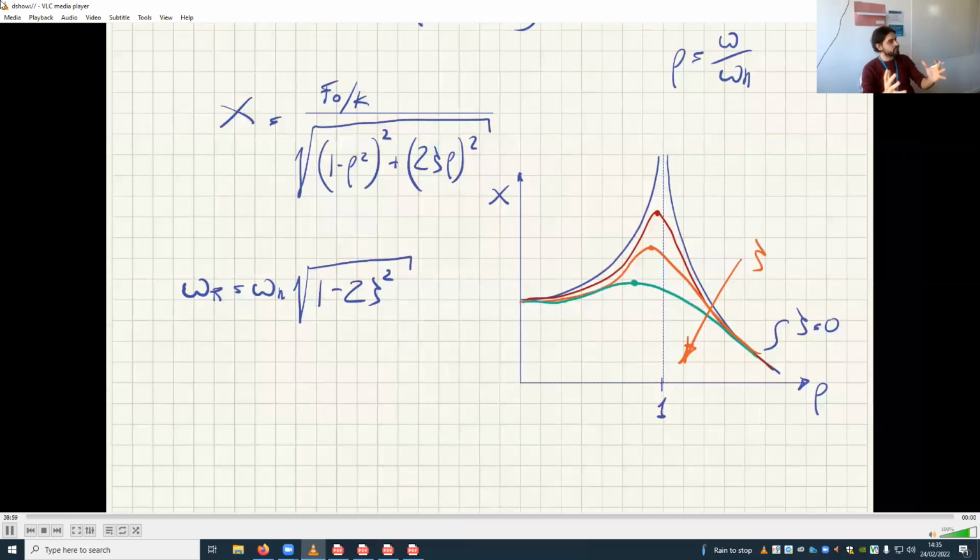If you have damping, you also have a transient frequency of oscillation that you can observe by oscillating. The largest amplitude you get out of a forced vibration happens at the resonance frequency. And you can find it easily if you find the maximum of this function with respect to rho, with respect to omega, you find exactly this. Basically, you can try it yourselves.